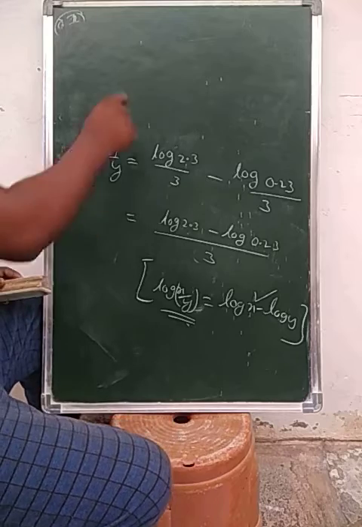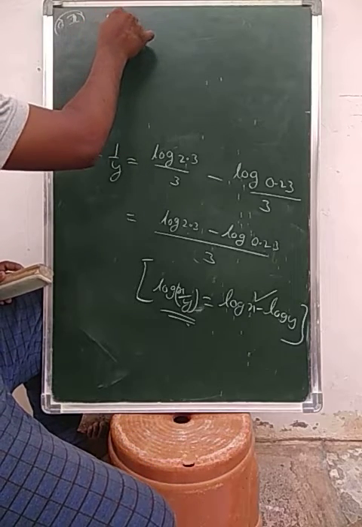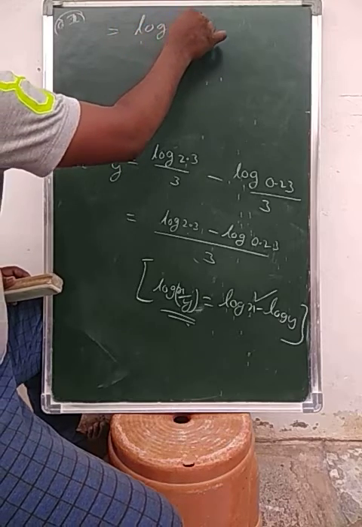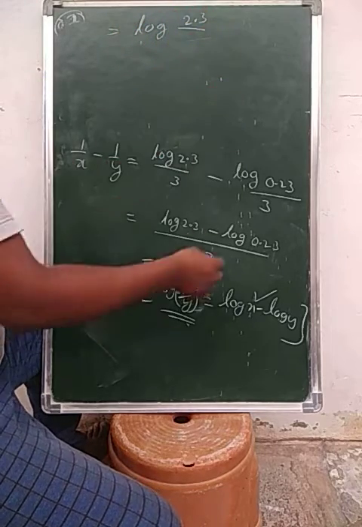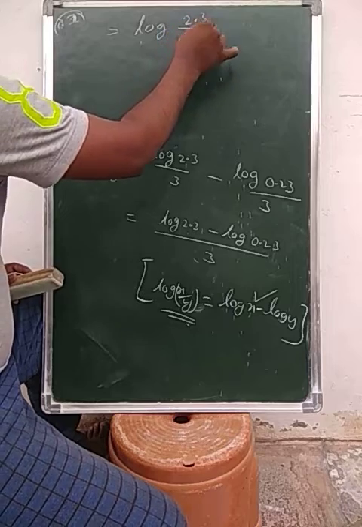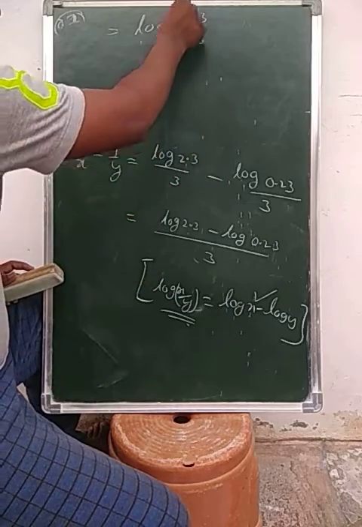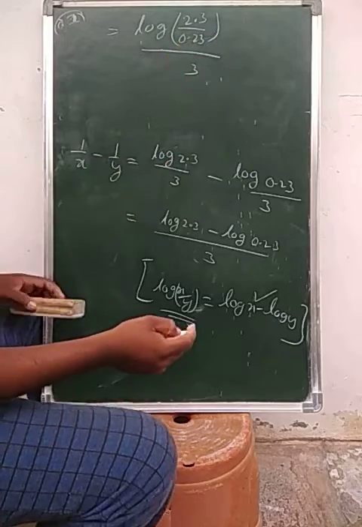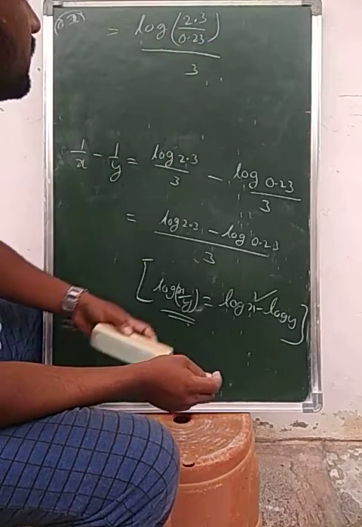Then we get log of 2.3 by 0.23, by 3. Yes, the denominator is 3 now.